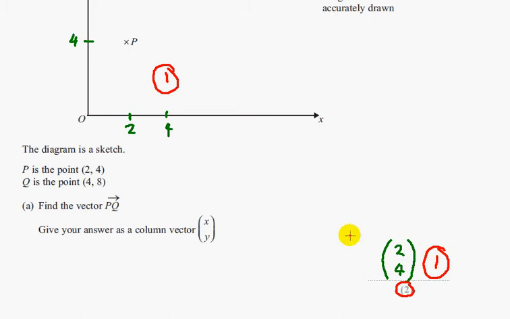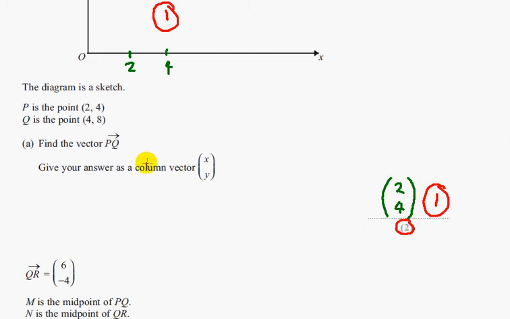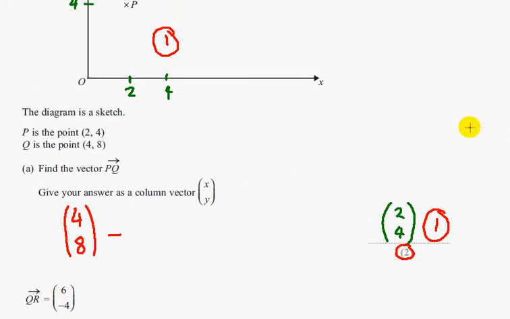You could have also taken away the coordinates: (4, 8) minus the coordinate of P, which was (2, 4). So 4 take away 2 is 2, and 8 take away 4 is 4. That would also be sufficient to show a method and also a mark.